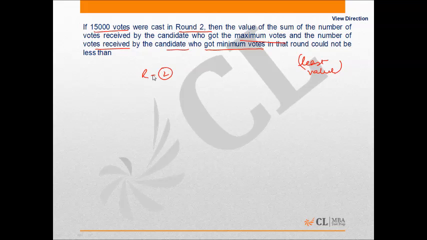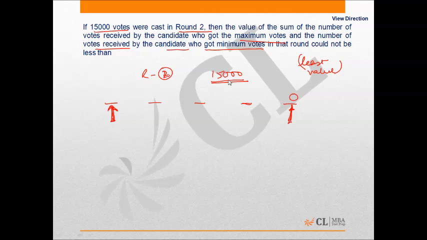In round 2, I know there are 5 candidates. So I have to calculate the maximum possible number of votes received by a candidate plus the minimum number of votes received by another candidate. In order to minimize this summation, I will assume that the 5th candidate received no votes, and 15,000 votes were polled in round 2.